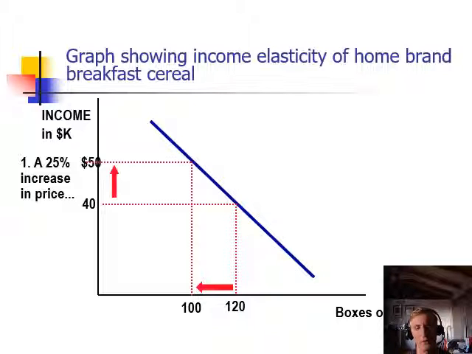So that's how you show a decrease in the quantity demanded, the negative coefficient of income elasticity of demand for inferior products. Now note that what we're not going to bother with here is whether this is going to be less or more than 1. Just a negative coefficient is all you need to know to identify if it's going to be an inferior product.